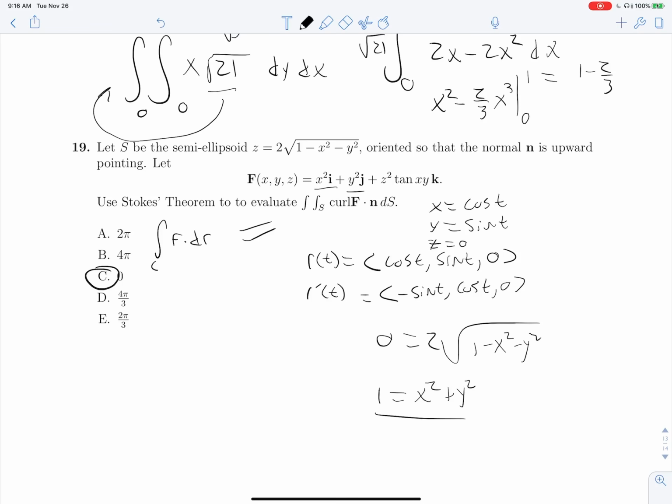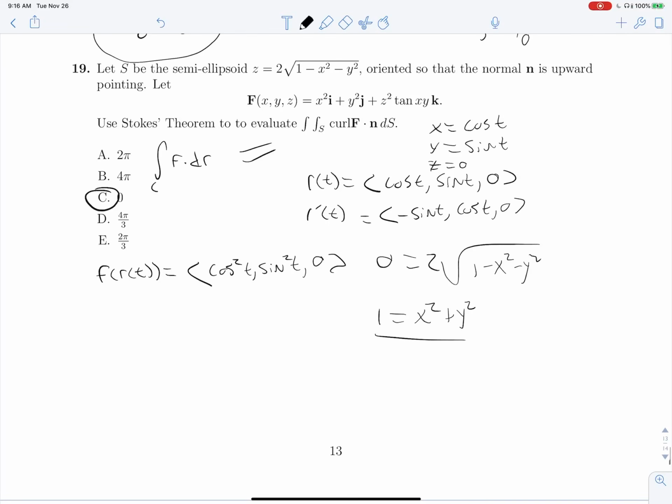So now, finally, we need an f of r of t, which is going to be cosine squared t, sine squared t, and 0. So setting z equal to 0 gets rid of all of this tangent stuff in there, which is what would make taking a curl very difficult here.